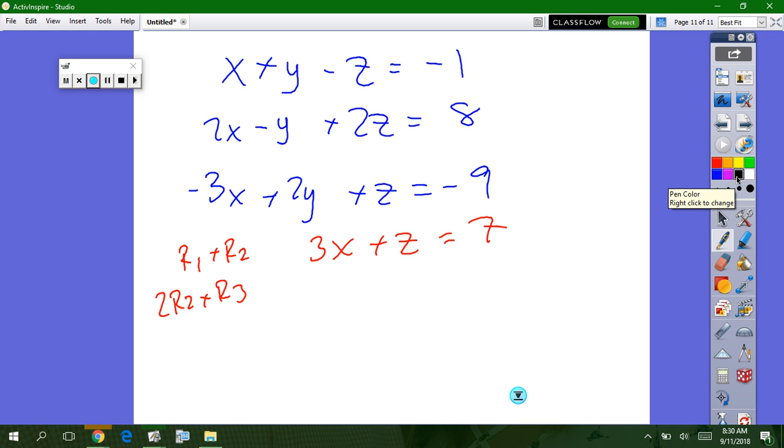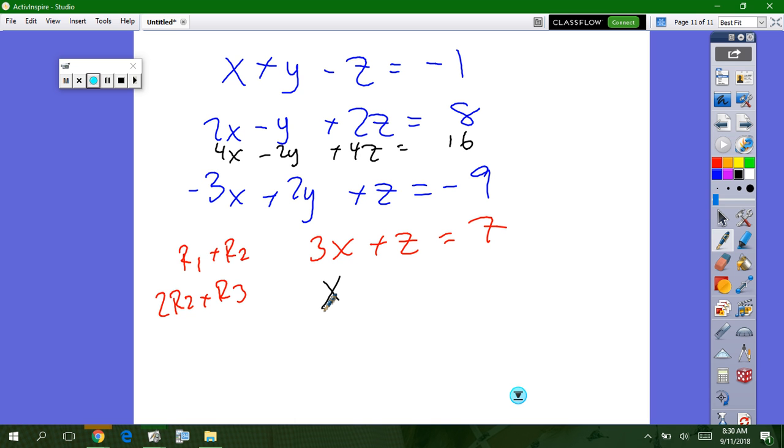When I multiply him by 2, I get 4x minus 2y plus 4z equals 16. Notice when I add that together, I get 4x minus 3x, which is just x.